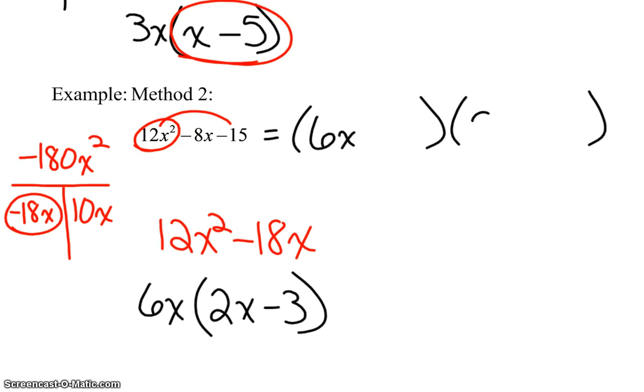So it's going to be 2x minus 3 for my second binomial. Now, I have the 3 here. Remember, I'm trying to get a negative 15. Since that's a negative 3, I have to multiply it by a positive 5. And that's my pair of factors.